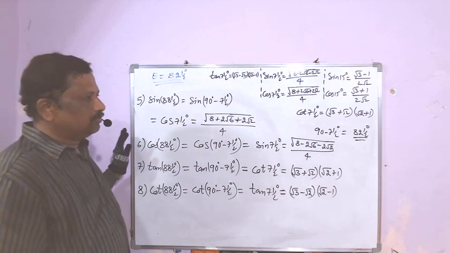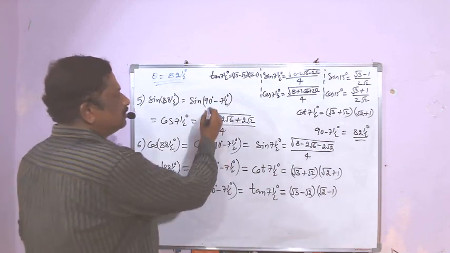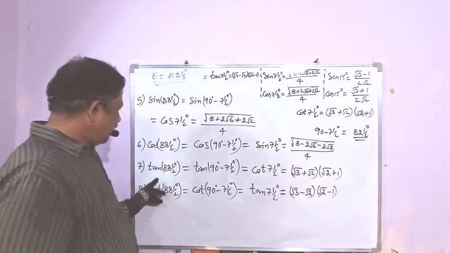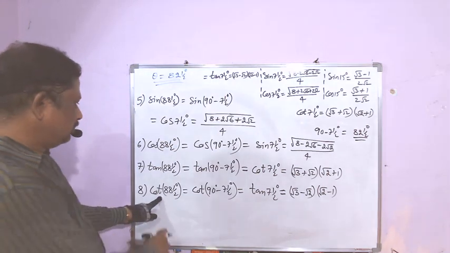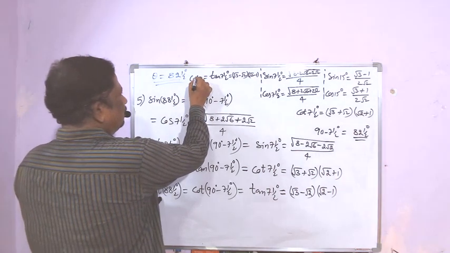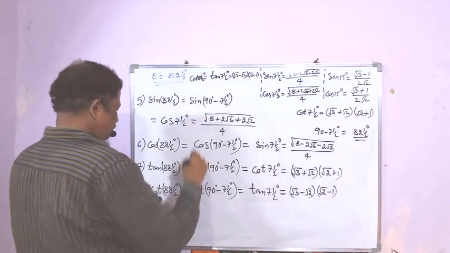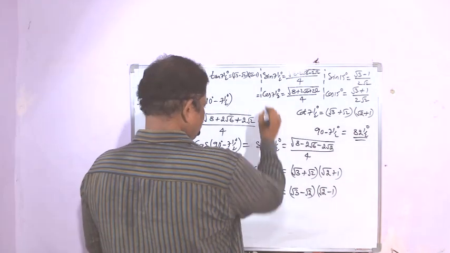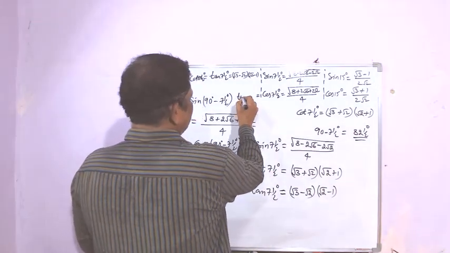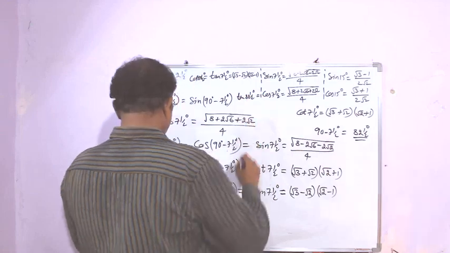Finish now. So that means tan 7.5 degrees is equal to cot 82.5 degrees. Next, cot 7.5 degrees is equal to tan 82.5 degrees.